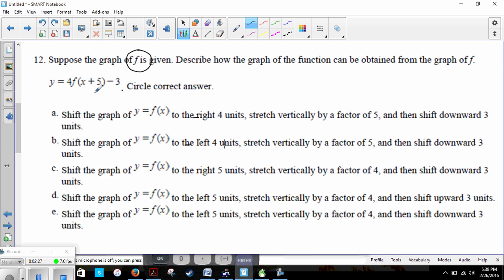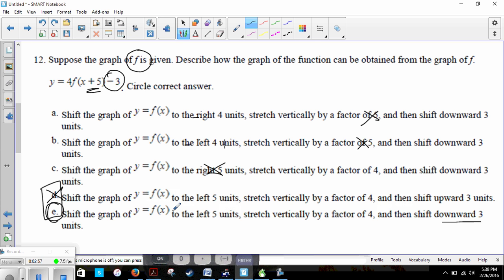You would move it to the left 5 units, and so let's look for the 5s. Vertical factor? No. Right 5? No. And so I only am left with D and E. And we know that outside of the function is going to go up or down the way that you would think. So this is going to go down 3 units, and so that leaves me with E.